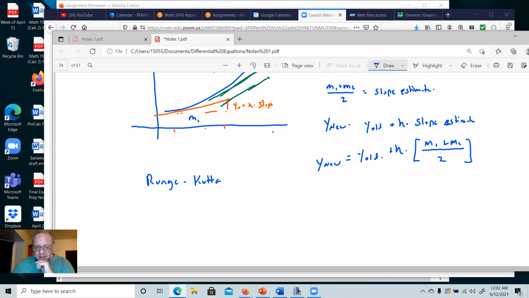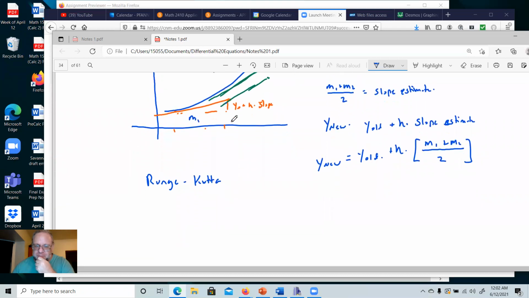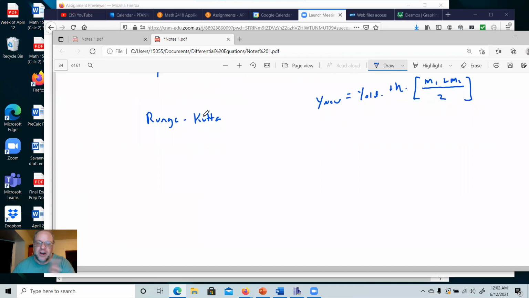So these two guys came up with an idea of saying, we average two slopes together, but we could average more together. Yeah, we could. I don't know if these two guys ever met each other, but they were both Germans. One was on the east side, one was on the west side of Germany. This is way before there was an East and West Germany. I don't know if they ever talked to each other or went to conferences together.